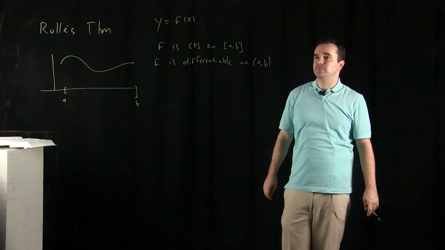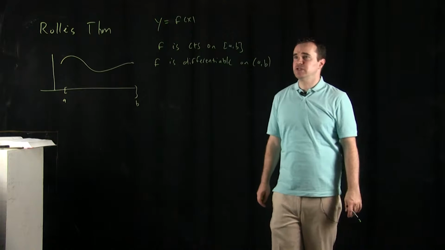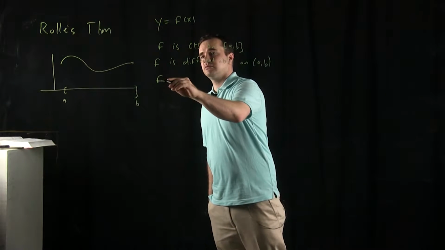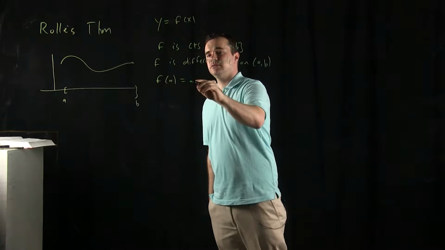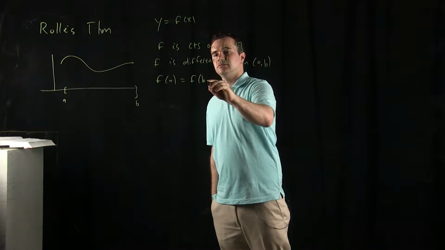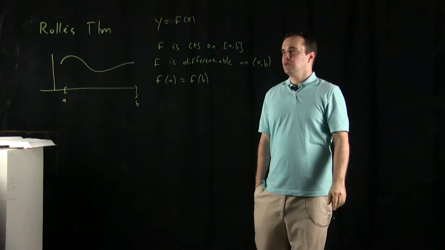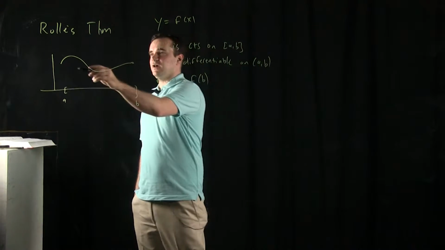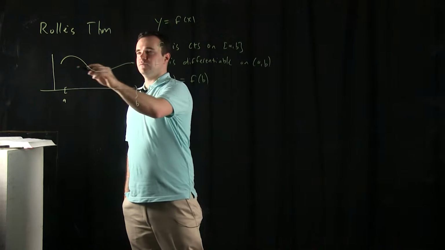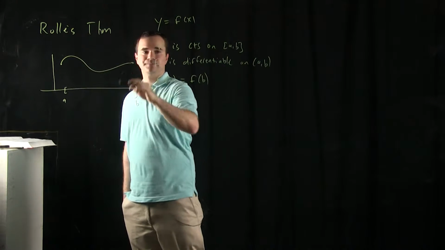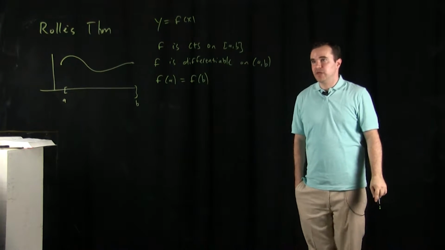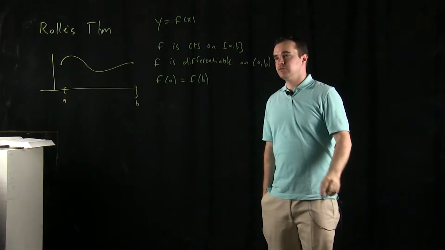And then you need to assume one more thing. You need to assume that f of a equals f of b. And I've kind of got that sort of drawn here in the picture. And from that, you can conclude the following.